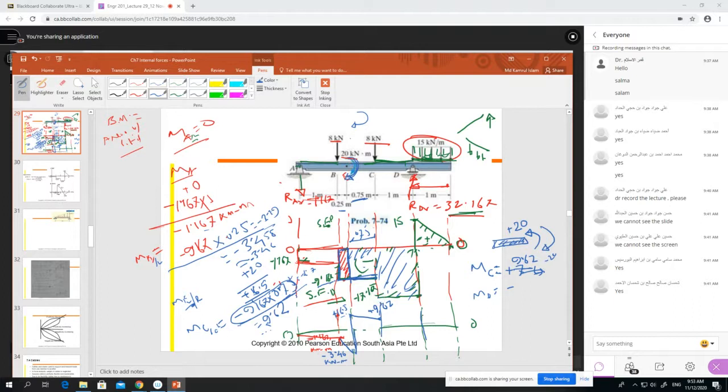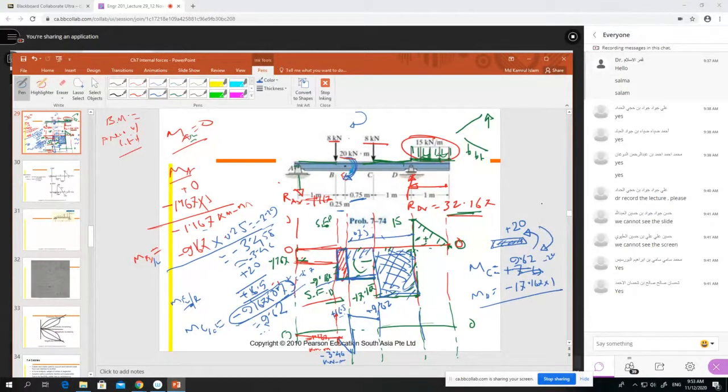After that, at moment D again is minus the area. This area, I draw it again. This area, so height or depth is minus 17.167 into the distance, which here is 1. Distance is 1.